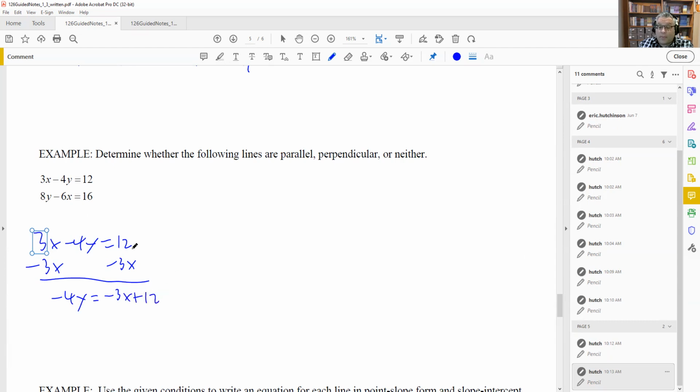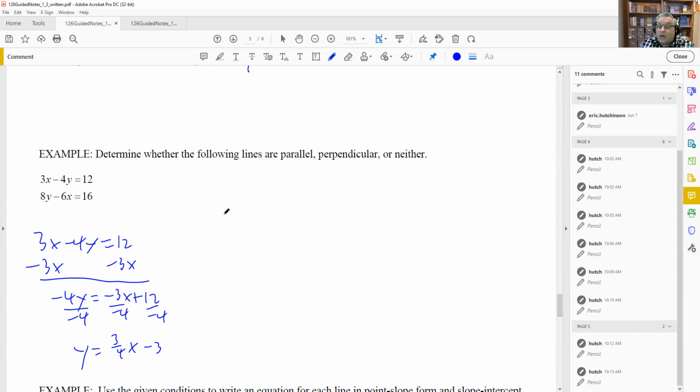I want to solve for y, so I'm going to divide everything by -4. If I do that, I get positive y equals positive 3/4 x, because I have negative over negative. And then I have -3. So that would be the slope-intercept form of the first equation.